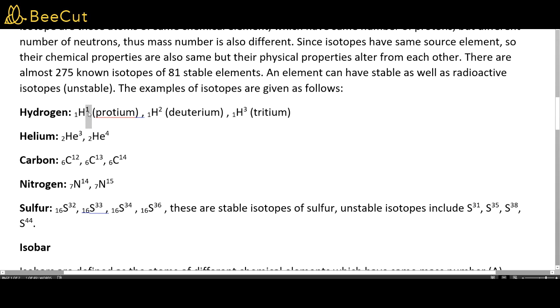It means it has no neutron, the number of neutrons is 0 in this case. In the second case, there is one neutron, which is indicated here by H 1 2. And in the case of tritium, it's 1 3, so there are 2 neutrons. Similarly, carbon and nitrogen are displayed over here.